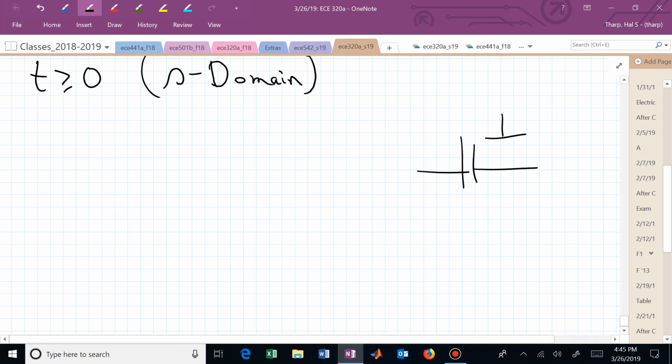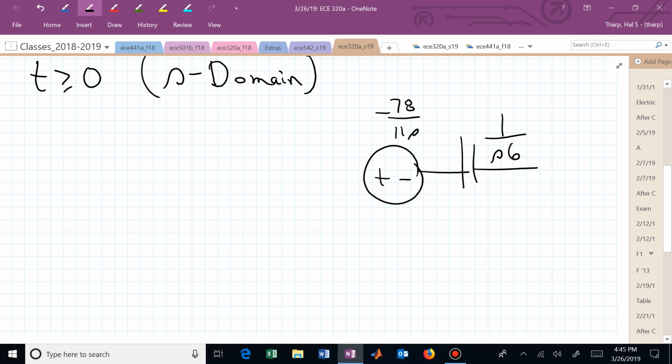So this is now 1 over S times 6. And we have a voltage source, which is plus minus with minus 78 over 11 divided by S. And that's its initial condition incorporated into a series voltage source.